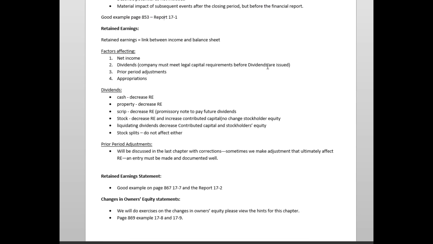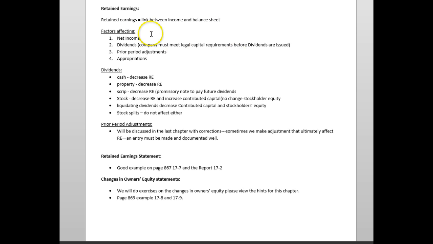Finally, in this chapter, we look at retained earnings. Retained earnings, of course, is the link between the income statement and the balance sheet. So it links the two together. Factors affecting the retained earnings are net income and dividends that we declare.